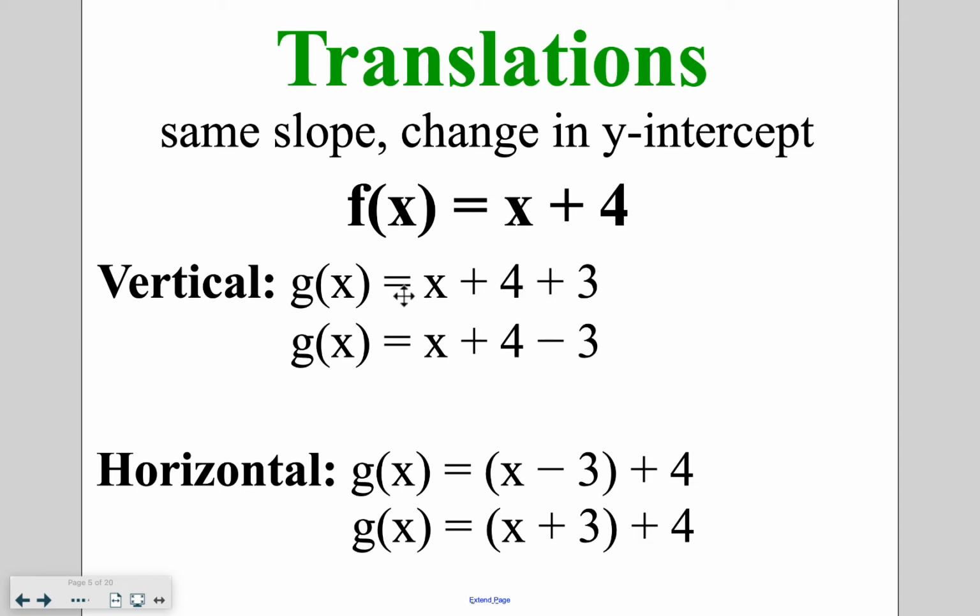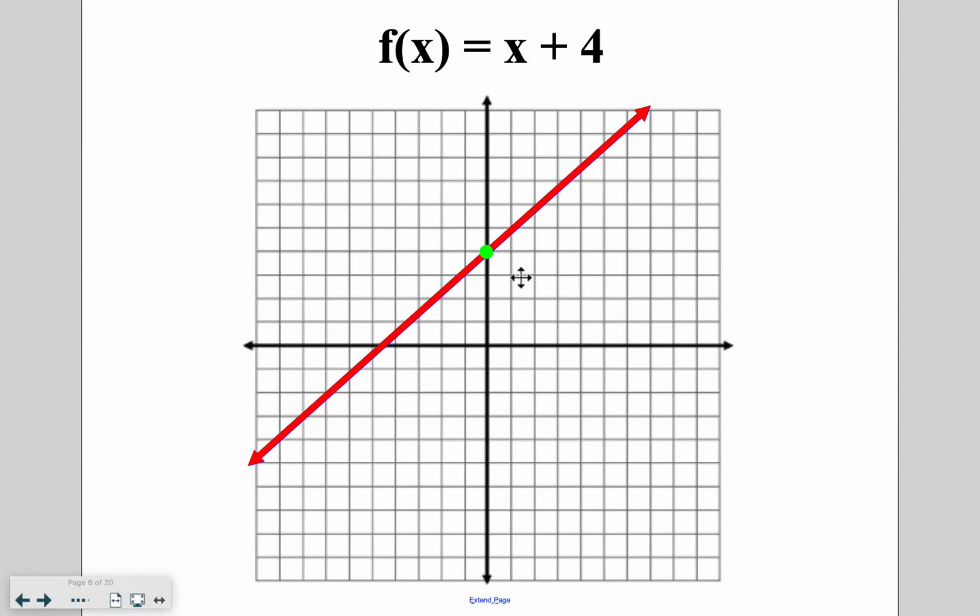In this case, I said g of x is equal to x plus 4 plus 3, which actually simplifies to x plus 7. So what that did was move the function up. If I look here, if I add 3, 1, 2, 3, it moves my function up.